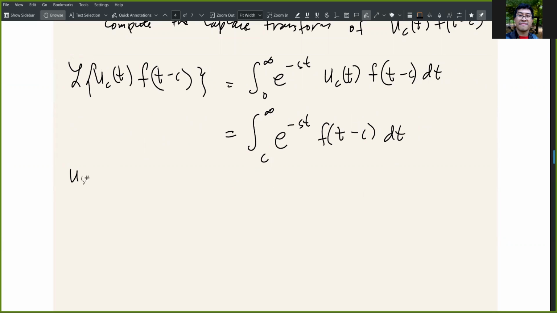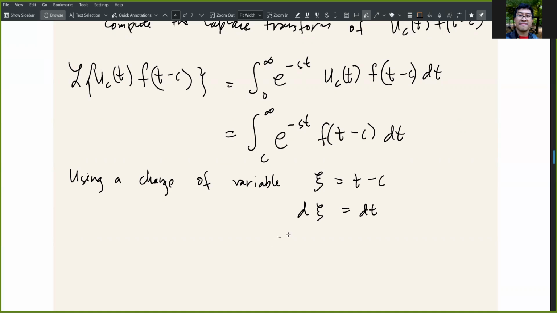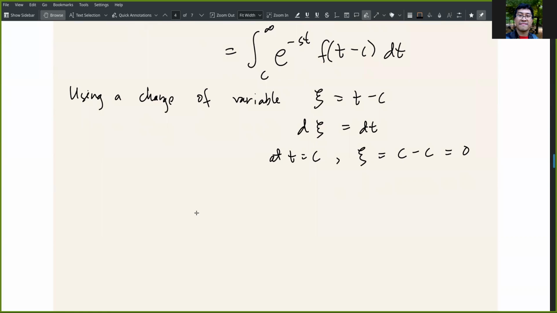Then we use a change of variable, say we want to use psi equals t minus c. So d psi would be dt, and at t equals c, psi would be c minus c, or 0, so that is the limit here.